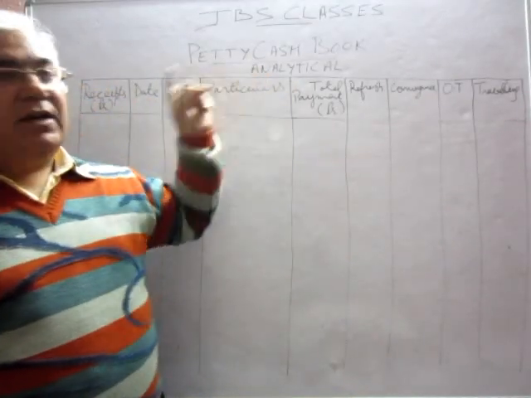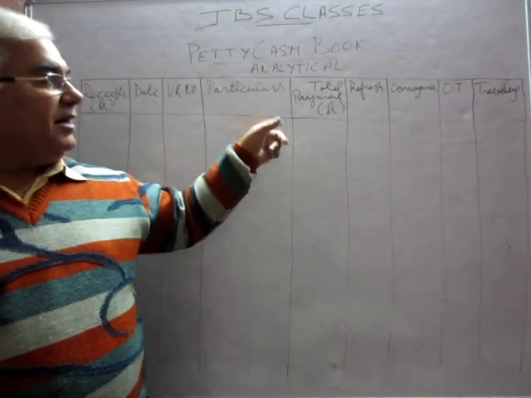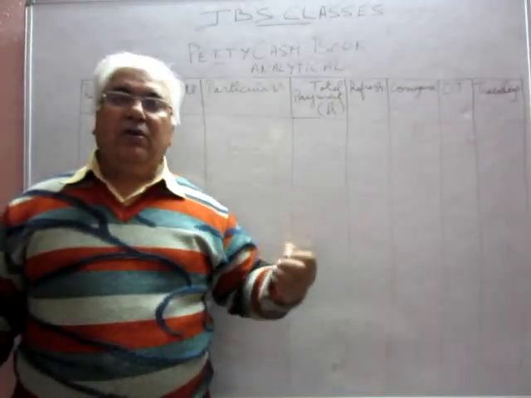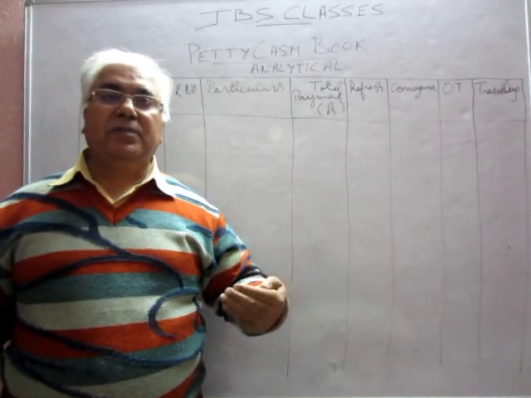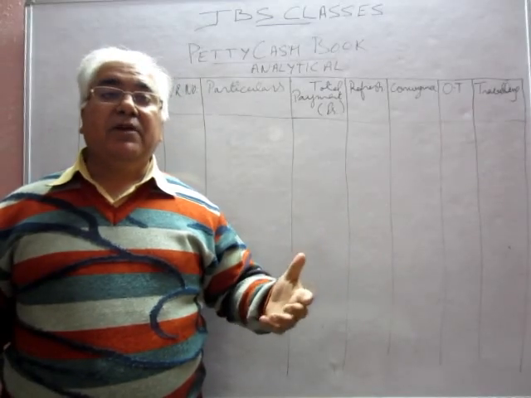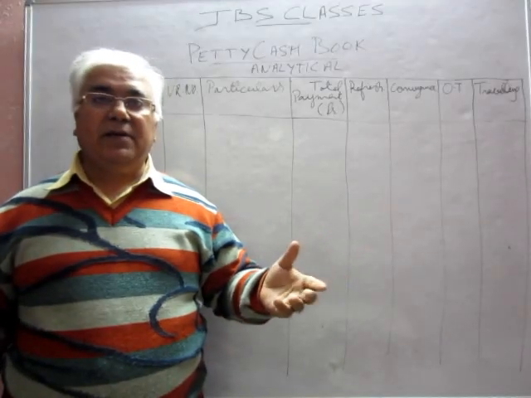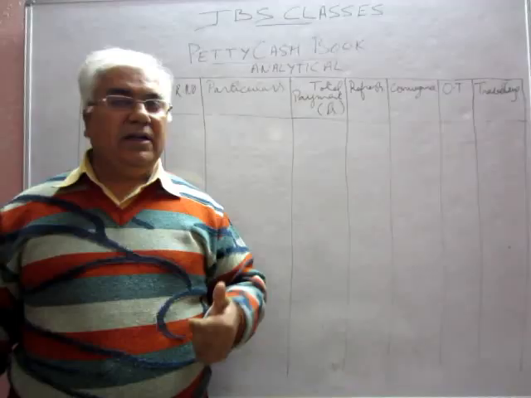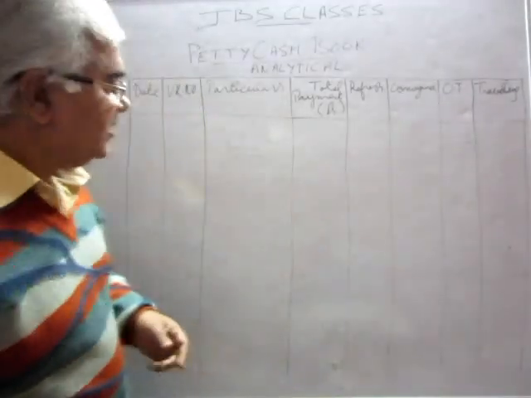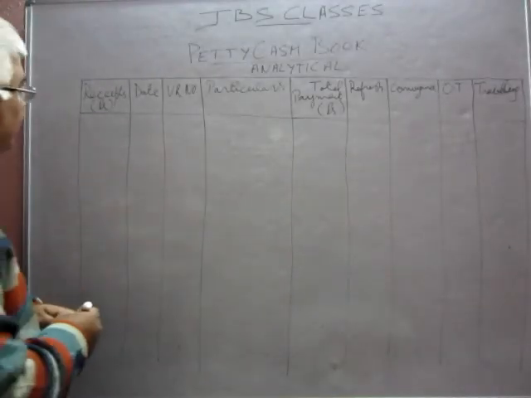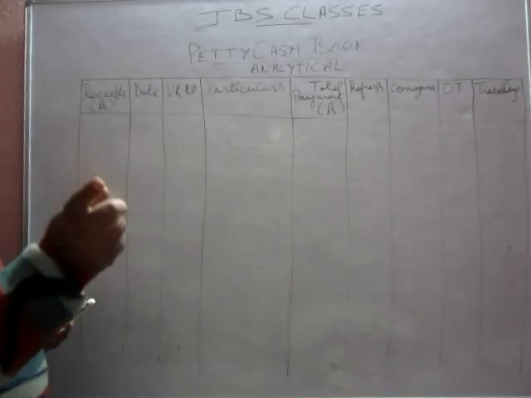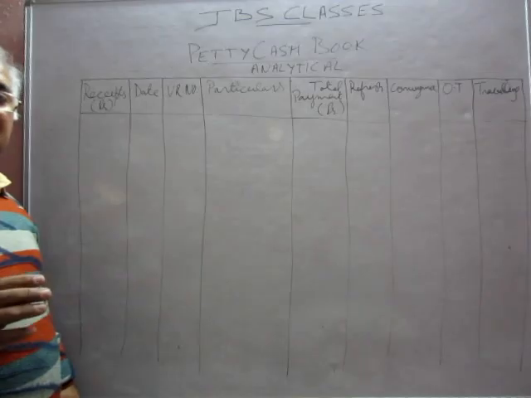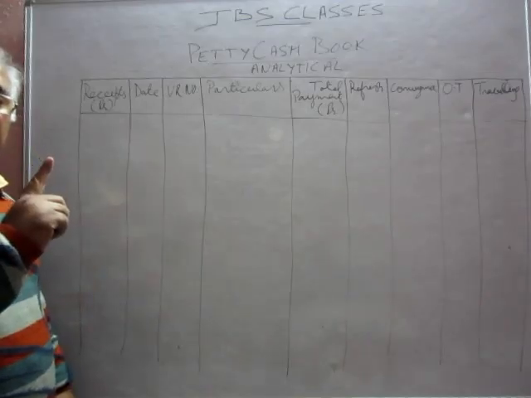This is the analytical cash book, the petty cash book. That means in this we will not only record how much money we have spent on petty expenses, but we will analyze them also. That means we will see under which head how much money has been spent. Let us see how it works. For example, on 1st January 2012, the petty cashier receives 2000 from the main cashier. That means the main cashier will make what entry?